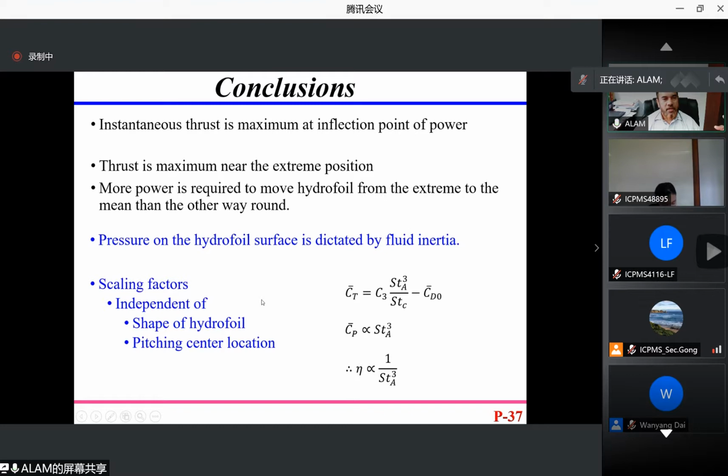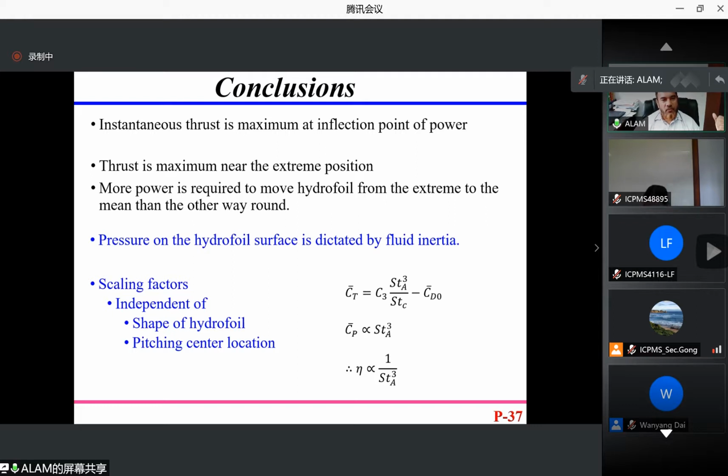So I come to the conclusion. The first is the instantaneous thrust is maximum at the inflection point of power. Thrust is maximum near the extreme positions, and more power is required to move the hydrofoil from the extreme to the mean than the other way around. And pressure on the hydrofoil surface is dictated by the fluid inertia.